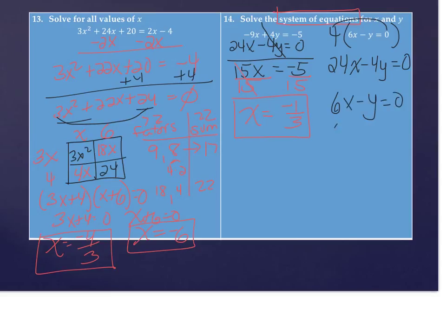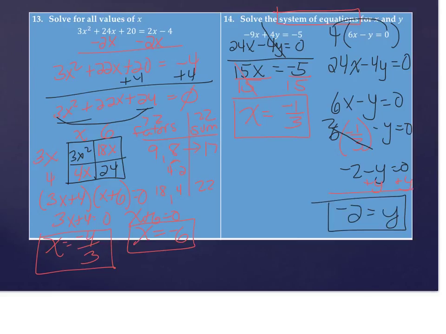So I'm going to go ahead and substitute negative 1/3 in for x and solve for y. 6 times a negative 1/3, I have negative 2 minus y equals 0. I'm actually going to solve for y here by adding y to both sides, and I end up with negative 2 equals y. So that would be our second solution.